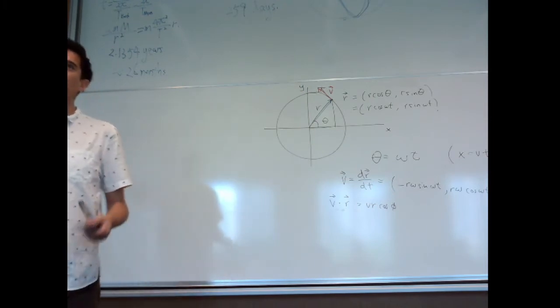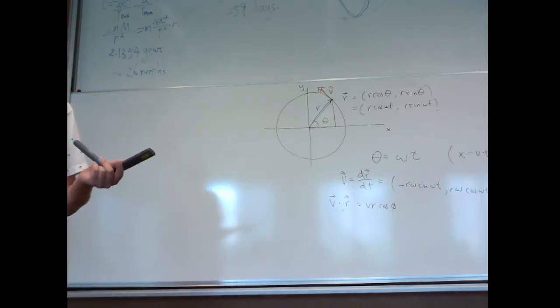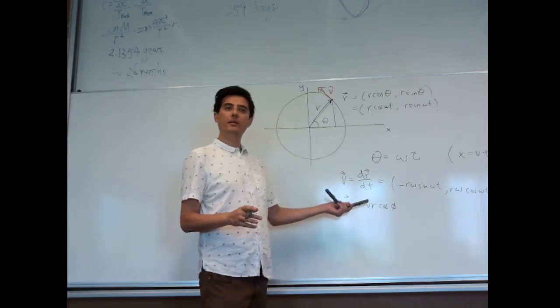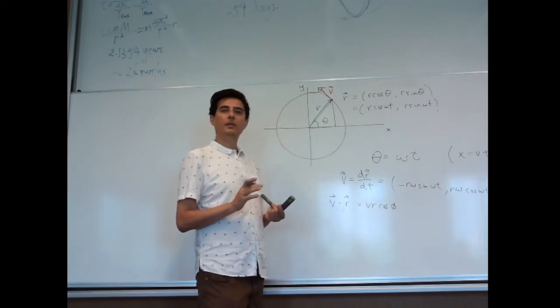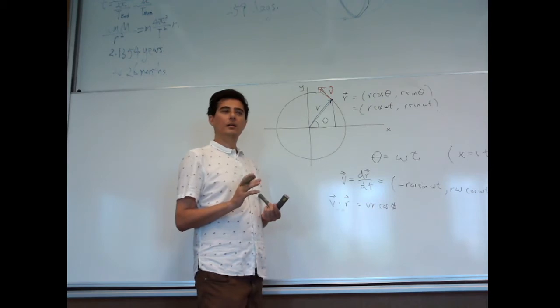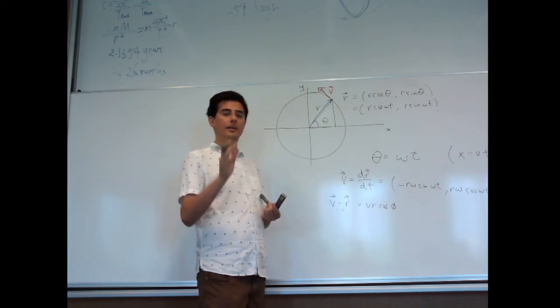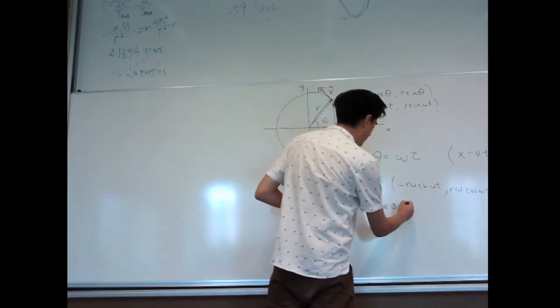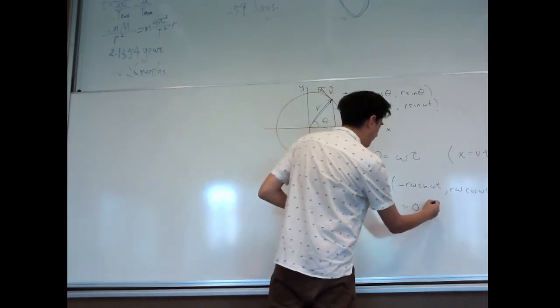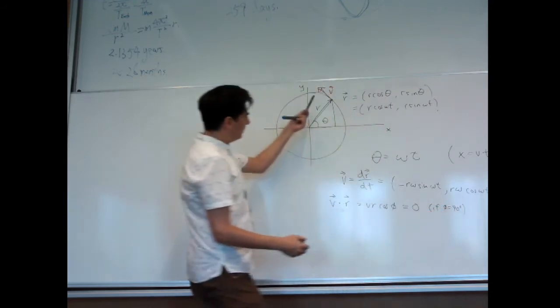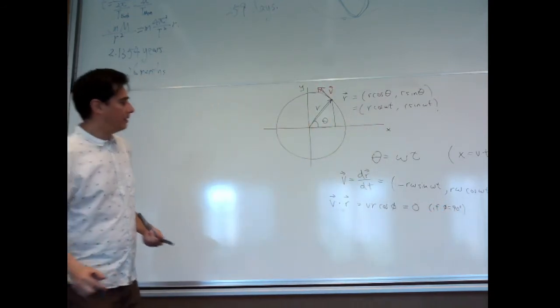So if the angle between them is 90 degrees, what is this going to be? Yeah, 0. So it's 0 if theta is 90 degrees. And I've said it's perpendicular, so let's just check it.